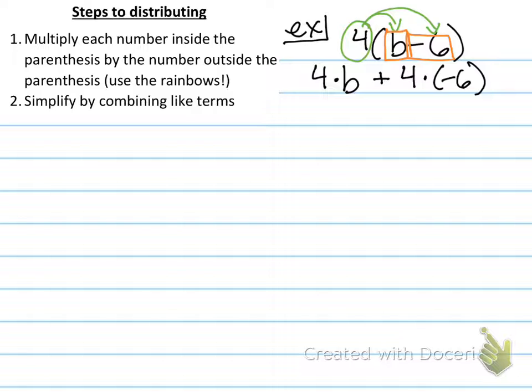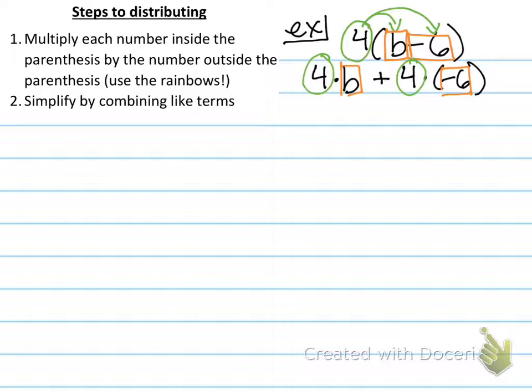Okay, so all we've done is taken the 4 that was on the outside and multiplied it by everything that was inside. You have to make sure you multiply that 4 with everything that's inside, not just the first thing.